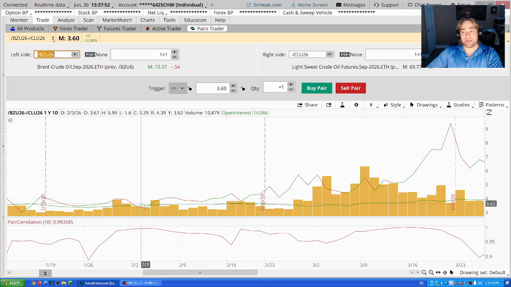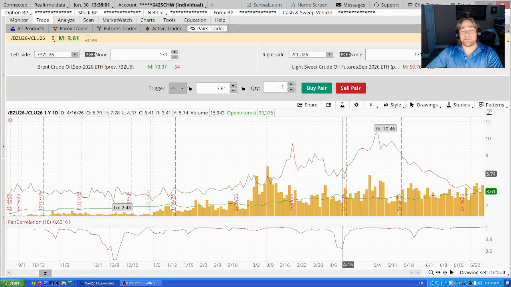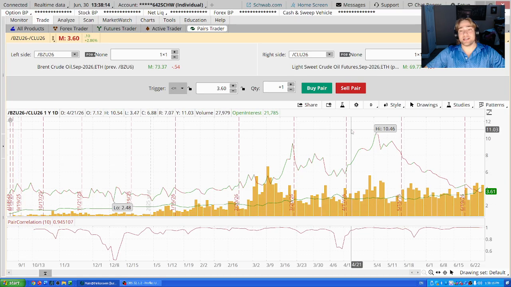You saw premium on that September barrel of oil increasing in mid to late February. And if you have interest rate exposed positions, for instance, if you're trading the yield curve, maybe it's time to start hedging for an inflation shock when you see international premiums on Brent increasing.